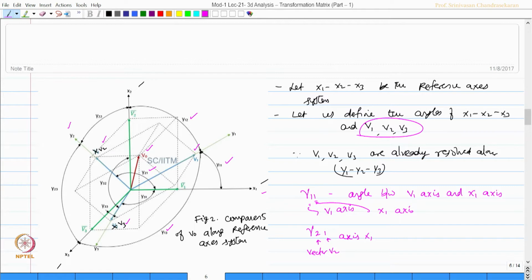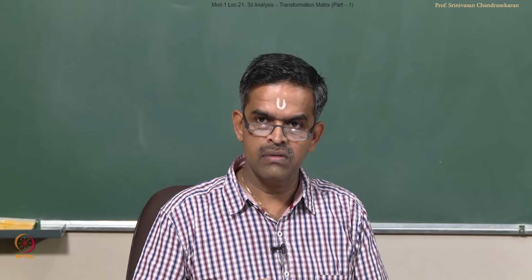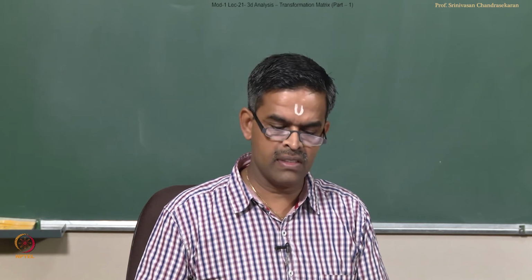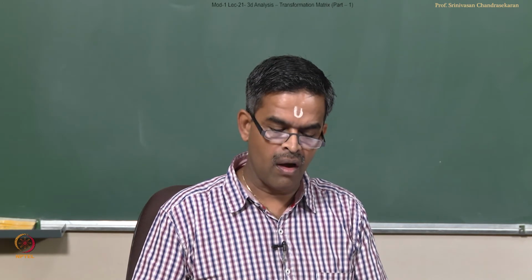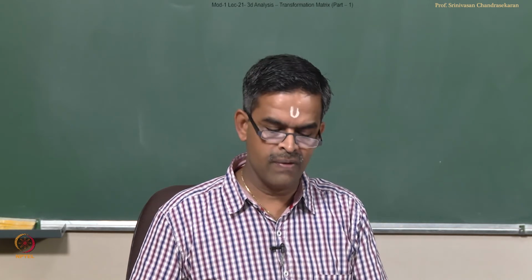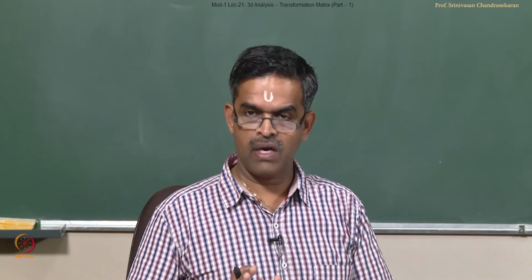Now, I am transforming those vectors v 1, v 2 and v 3, which were initially transformed through direction cosines along some reference axis y 1, y 2, y 3, to a standard set of reference axis x 1, x 2, x 3. Okay. So, we would like to do this.